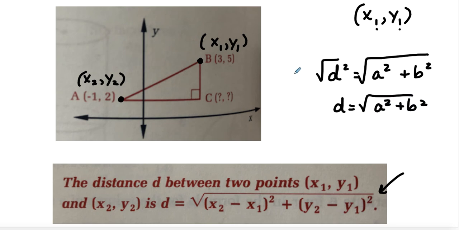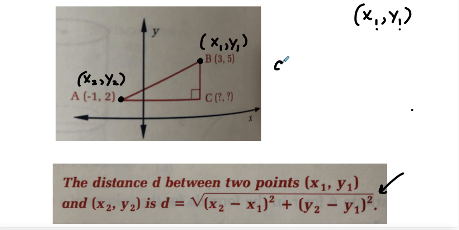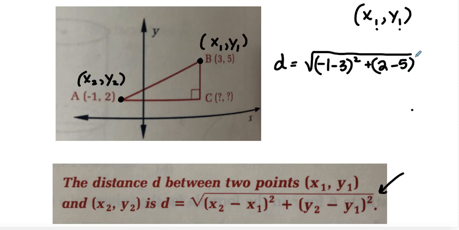All right, so how do we use it? We plug everything directly into the formula. d equals the square root of x2 minus x1, and it really doesn't matter the order, so -1 minus 3 quantity squared plus 2 minus 5 quantity squared. So d equals -1 minus 3 gives me -4. -4 squared is 16. 2 minus 5 is -3. -3 squared is 9.